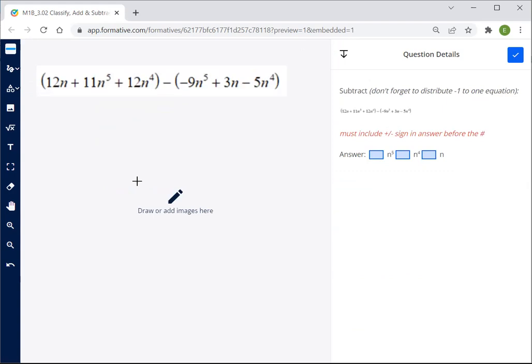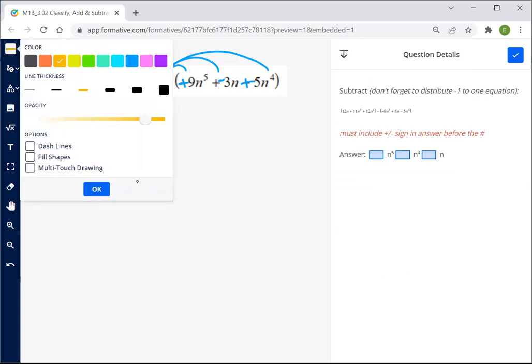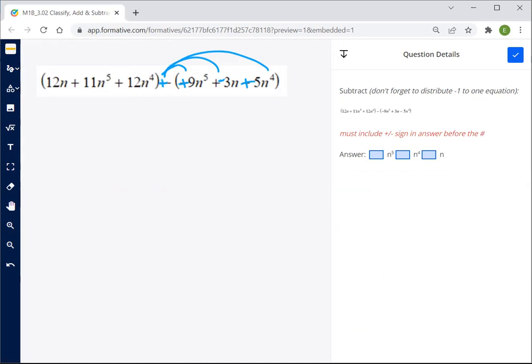Last one here. Again, I always just distribute the negative right away. And remember, distributing a negative just changes the sign. So a double negative here would make this positive, make this negative, and make this positive. And then we can treat it like combining like terms. The 5th is the biggest power, so it's going to be quintic. 11 plus 9 is 20, and to the 5th.